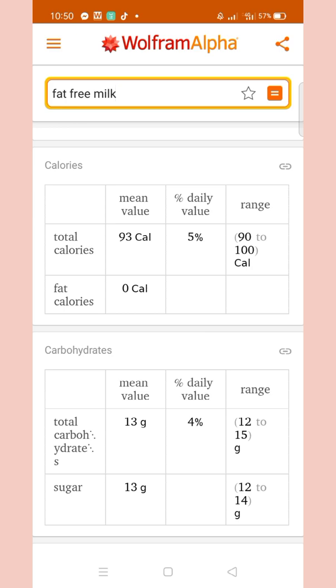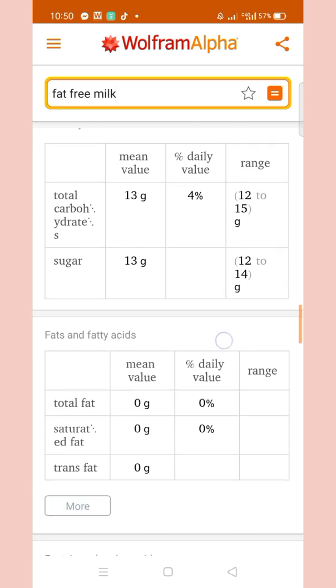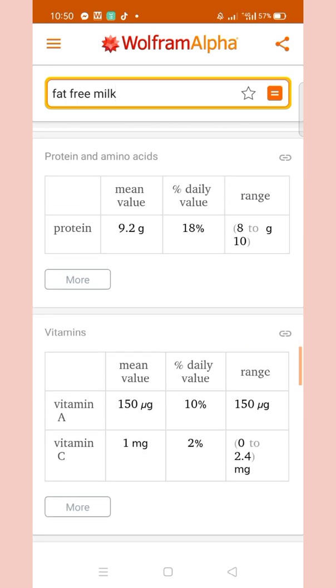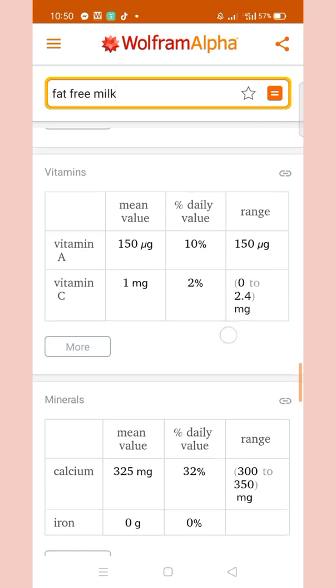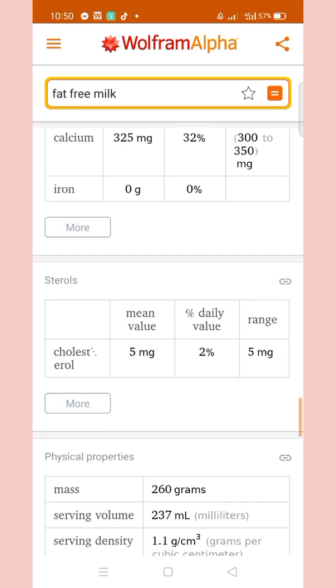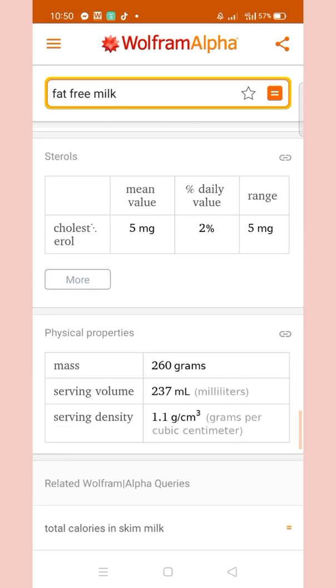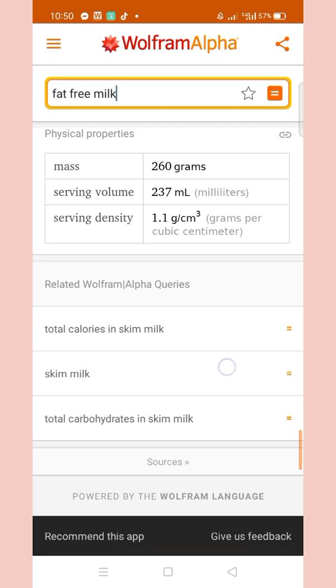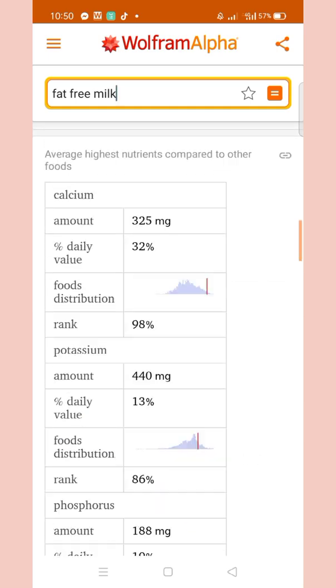There is also carbohydrates, fats and fatty acids, protein and amino acids, and vitamins, minerals, sterols, physical properties, and that's all about fat-free milk.